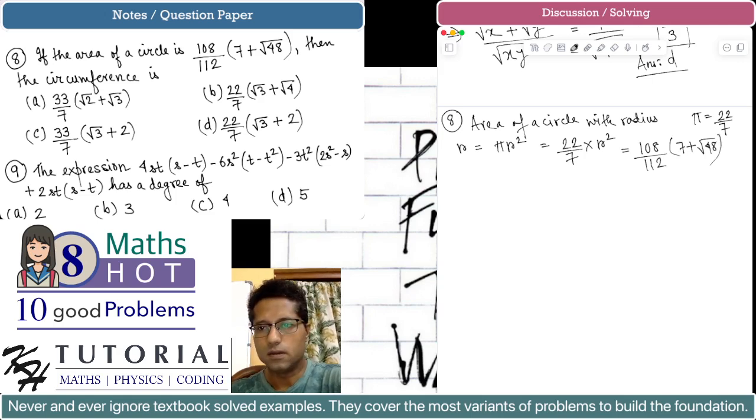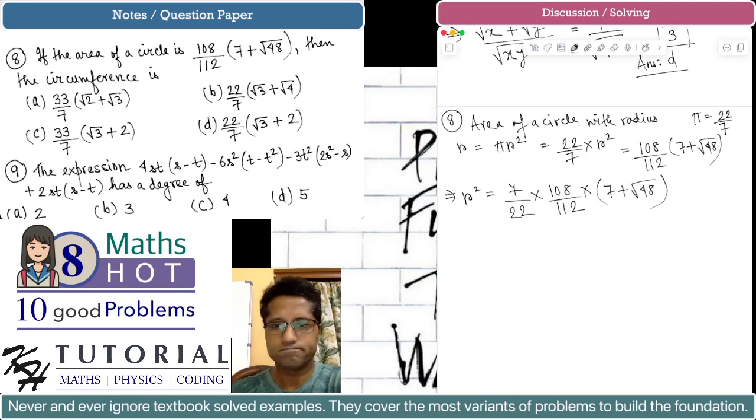Now this implies r square will be equal to 7 by 22 multiplied by 108 by 112 multiplied by 7 plus square root of 48.